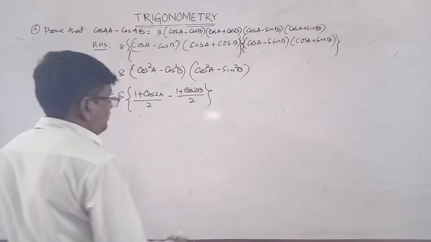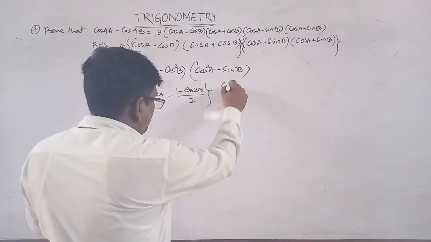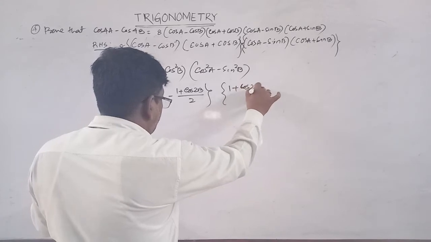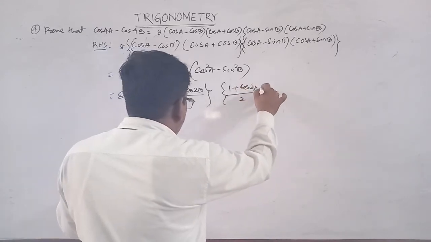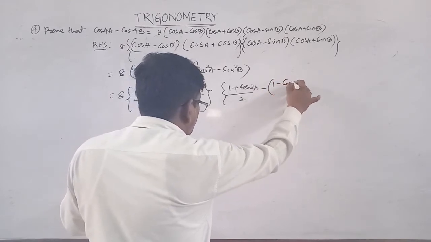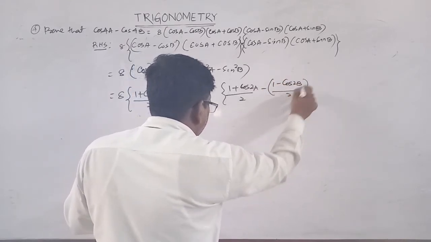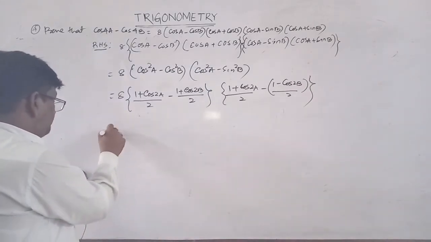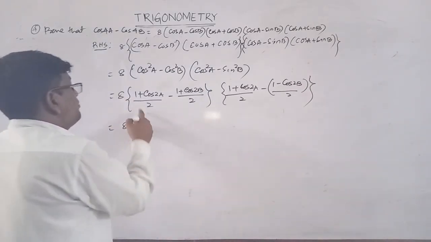Again here (1 + cos 2A)/2, and here what? (1 − cos 2B)/2. Okay, so this is LCM 2, 8 into LCM 2.